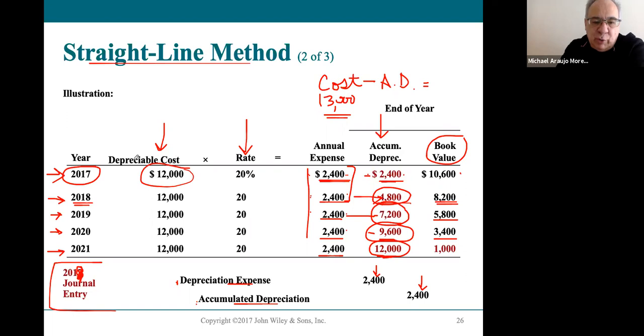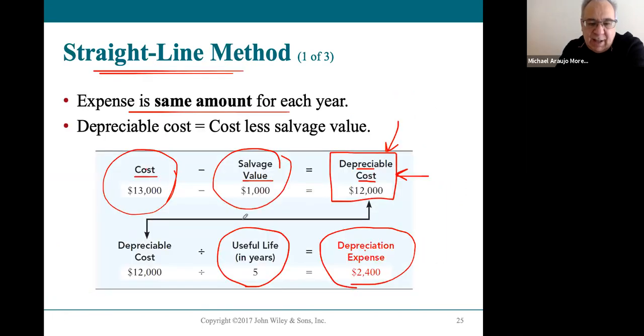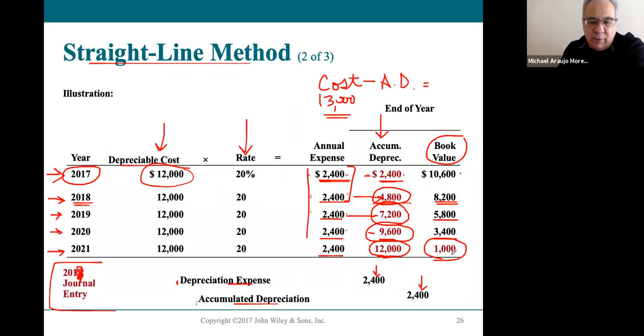So your depreciable cost of $12,000 will be the ending accumulated depreciation balance here for this truck. And the book value of $1,000 is exactly what you said the salvage value would be. The most you would write off is $12,000. And basically after 5 years, that's what this shows.